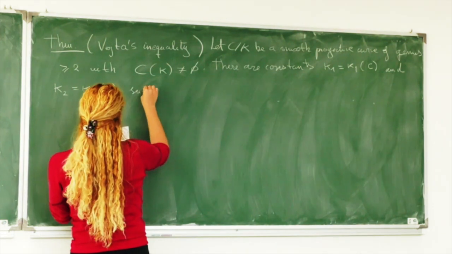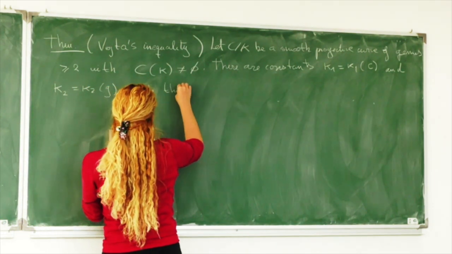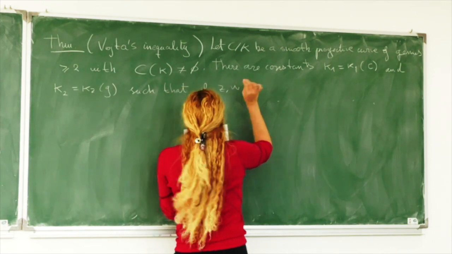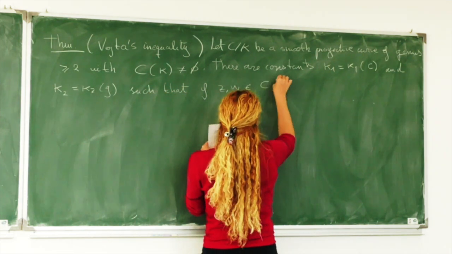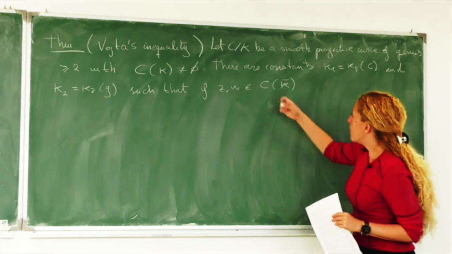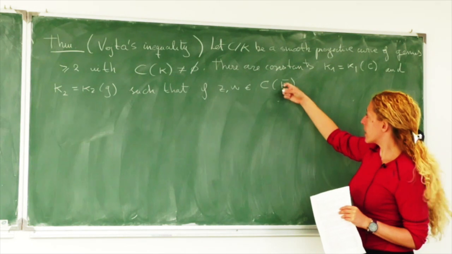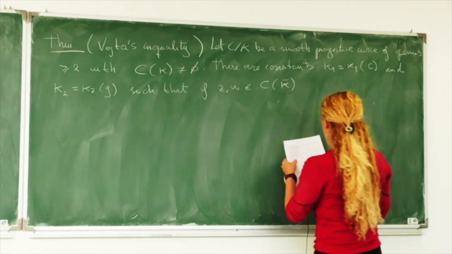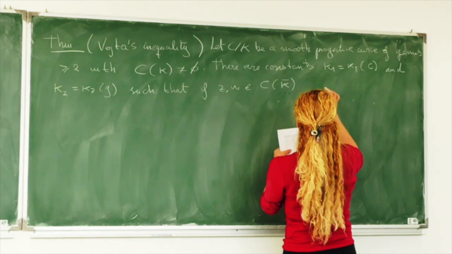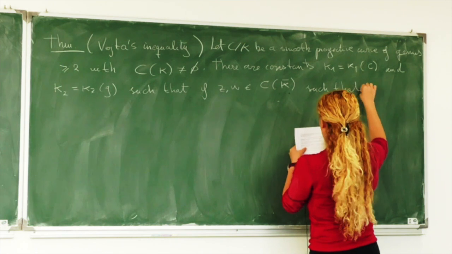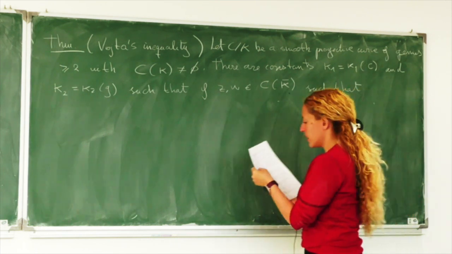Such that if I take two points, maybe not different, on the curve, but not rational, so I'm taking here the algebraic closure, two points on the curve, such that they satisfy the following inequalities.